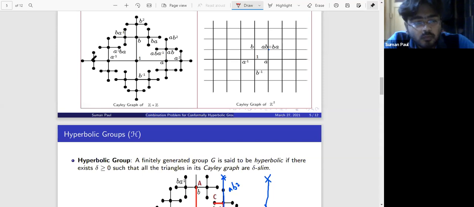So what is happening here? This is the Cayley graph of Z, this line.